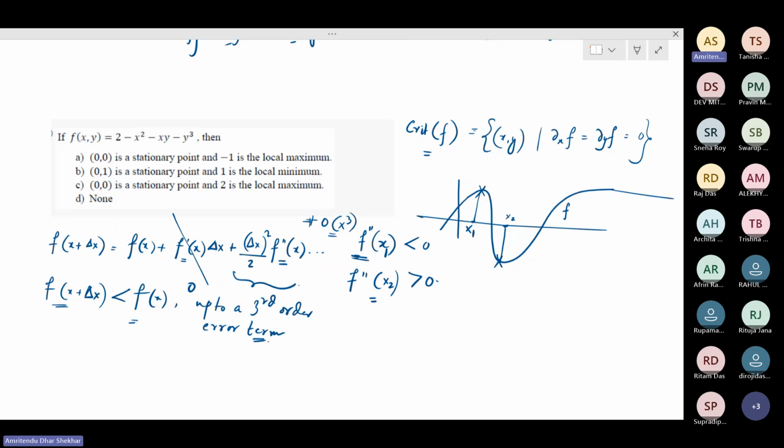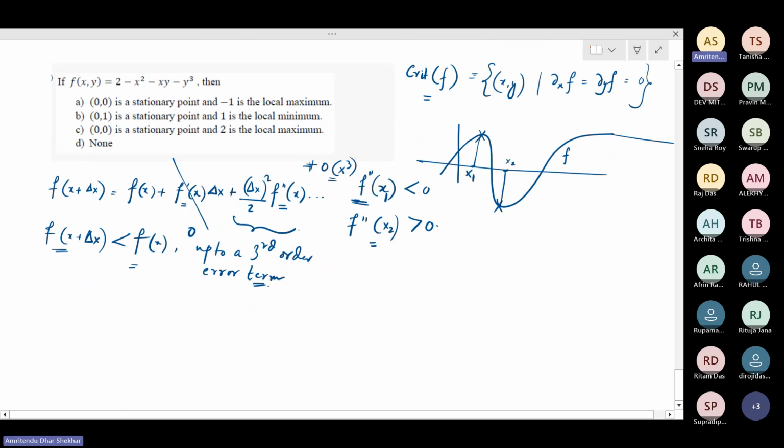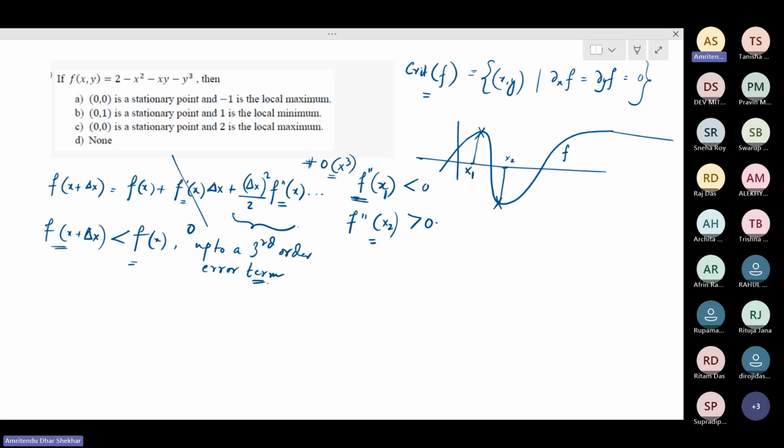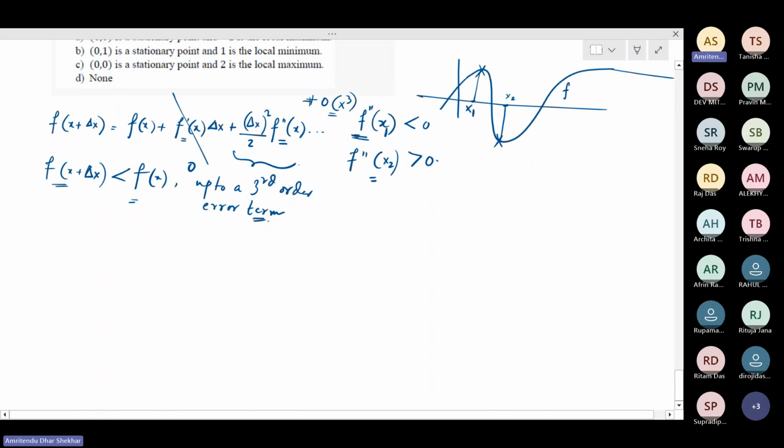Okay. Now the question is, what happens for functions of two variables or functions of any number of variables? So let's look at functions of n variables. Say f is a function from u, a subset of Rn, to R. We are going to assume that f admits a second derivative.